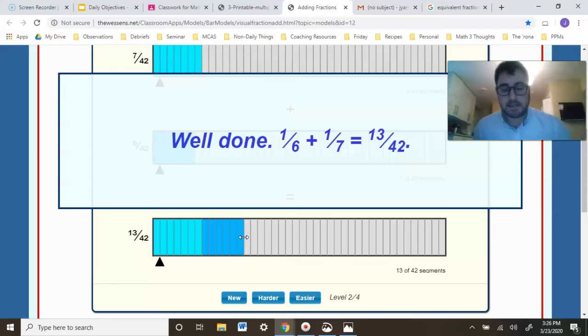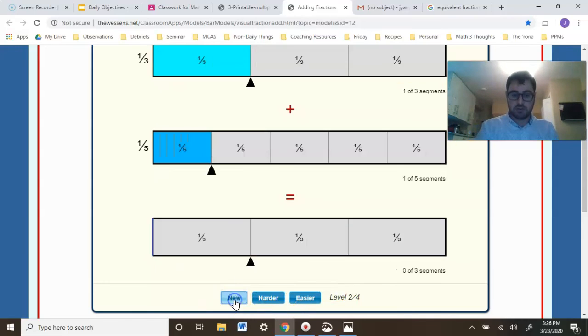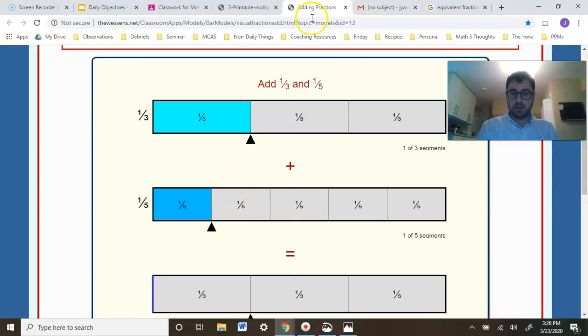Excellent, my dears. Now, I want you, for your practice, to try working with this as well. I want you on level 2 to be able to solve any of the problems that you see.